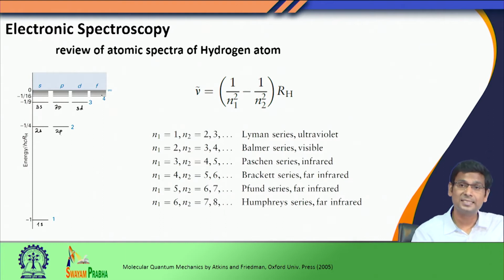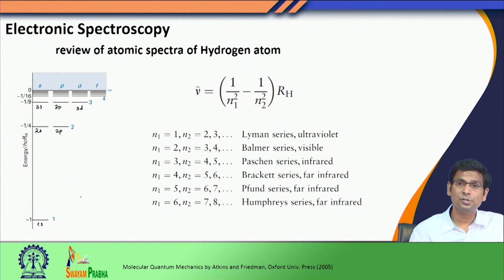But when the energy is 0 or positive, the electron has completely left the field of the nucleus, and it is free. So, there is no interaction between the electron and the nucleus. Therefore, the energy is either 0 or positive or some continuous value. We do not have quantized energy levels in those cases.